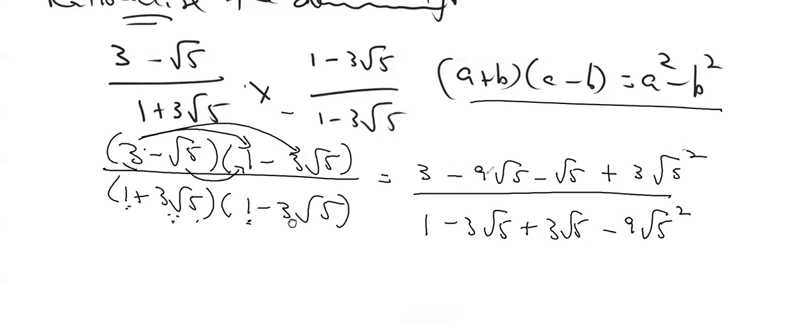So let's see on top here what happens. This will become 3, this part will become minus 10 root 5. This will become what? 5, right? 5 by 3 is 15, plus 15, all over.